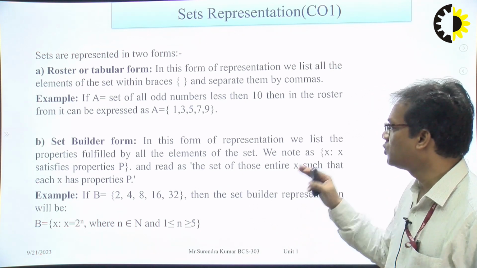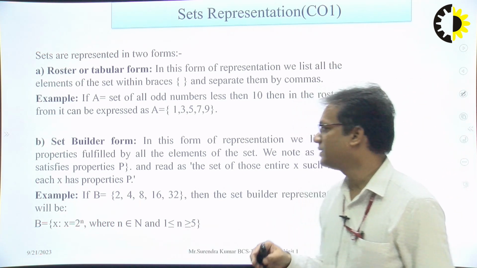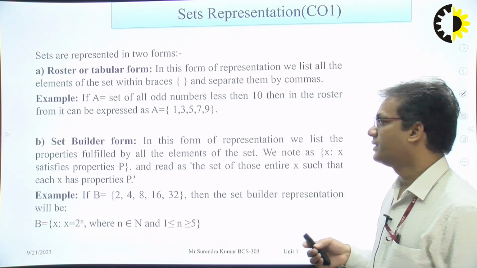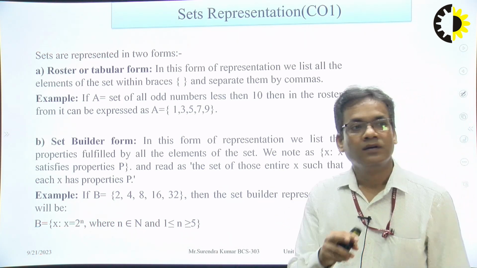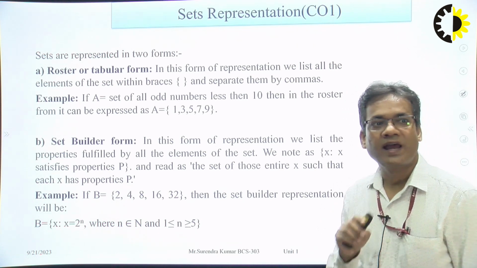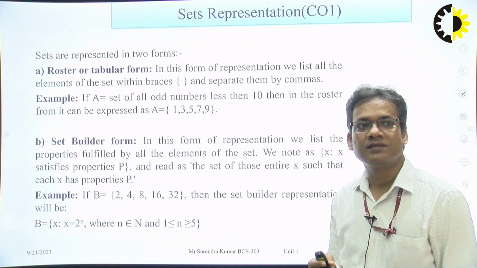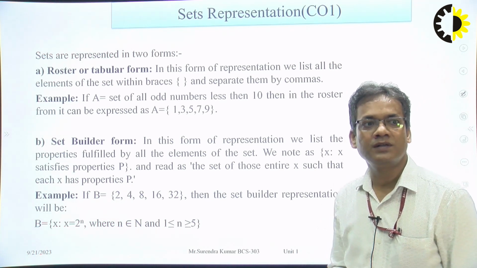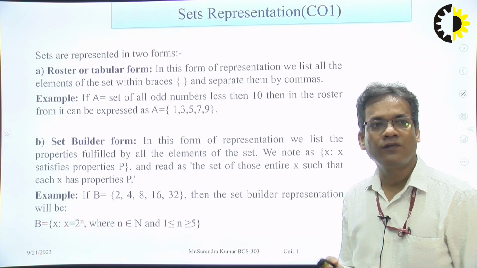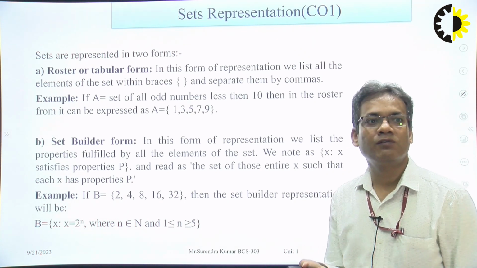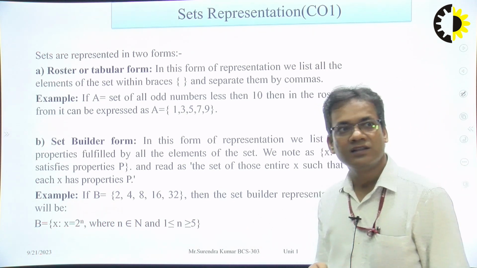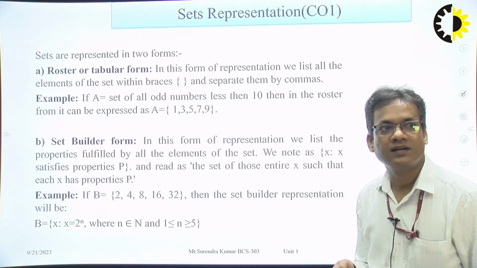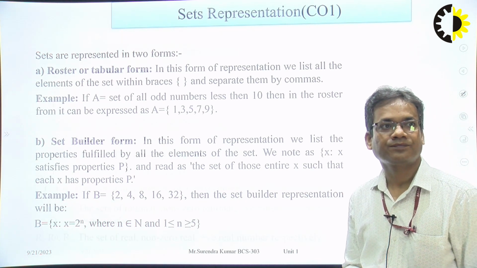The relation has to be defined in the set B, so it can be represented as x such that x is equal to 2 raised to power n. That means n belongs to the natural numbers, and the value of n is greater than or equal to 1 and less than or equal to 5. So in this way you can define your set in set builder format.